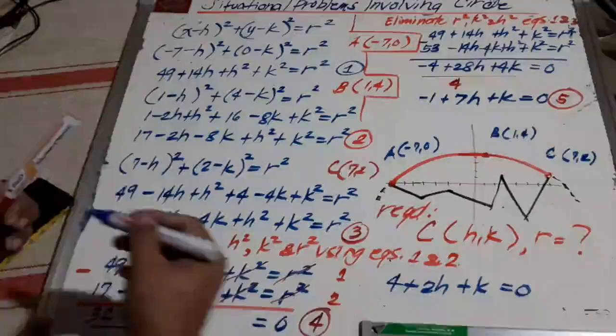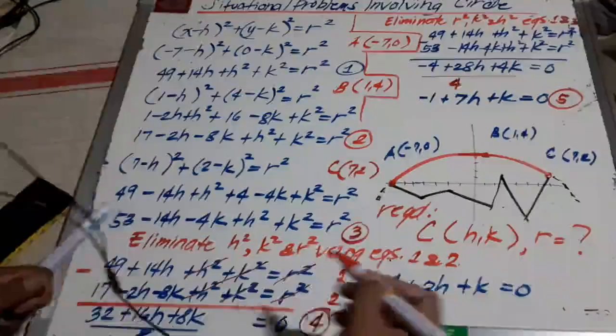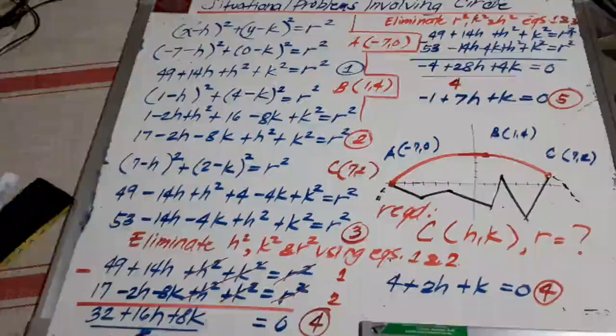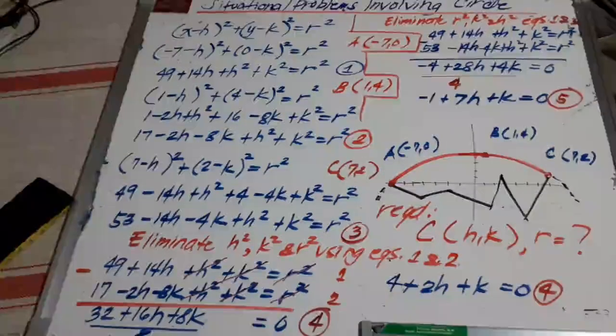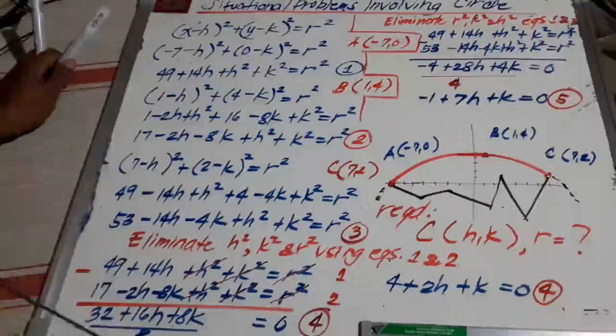So, this is our new equation 4. So, equation 4 and equation 5, pwede nating ma-eliminate si k para ma-solve si h.